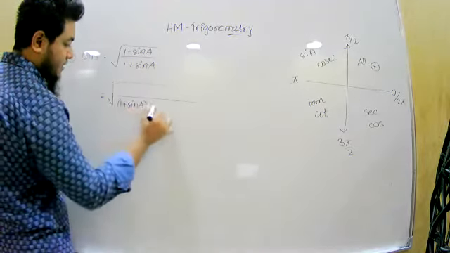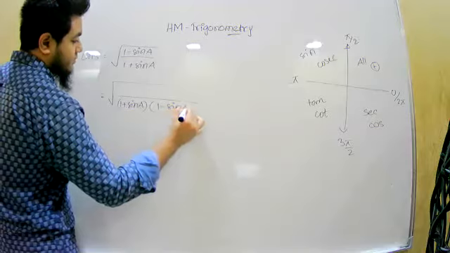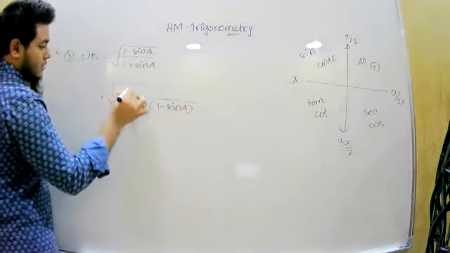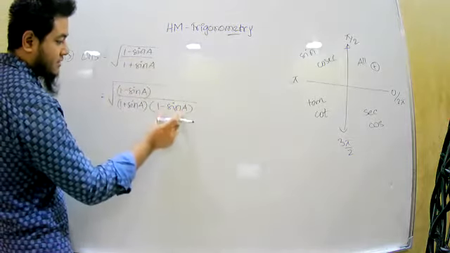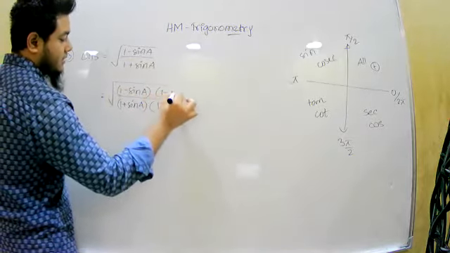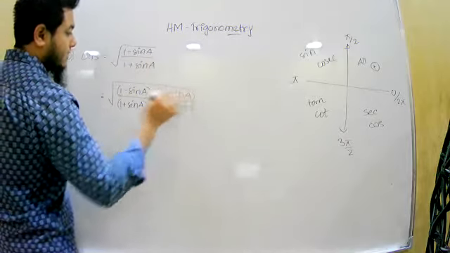That means if there is plus, we will multiply with minus. 1 minus sin A we already have in the numerator, but as I have multiplied something in the denominator, I have to multiply that in the numerator also to keep it balanced.